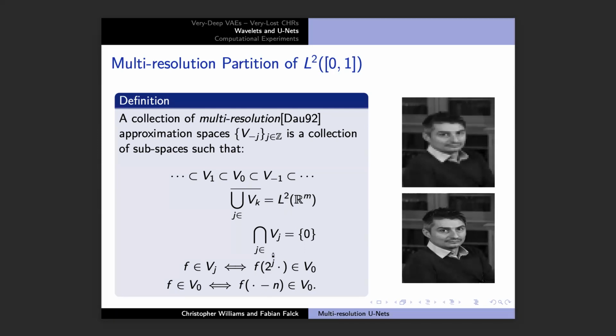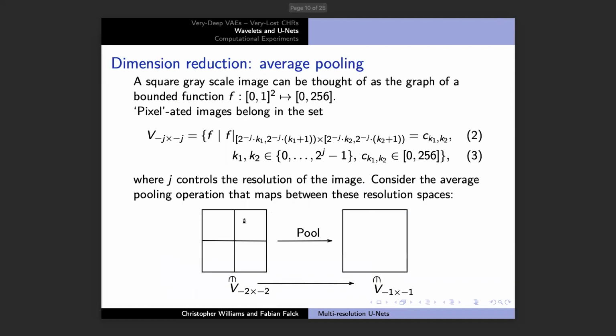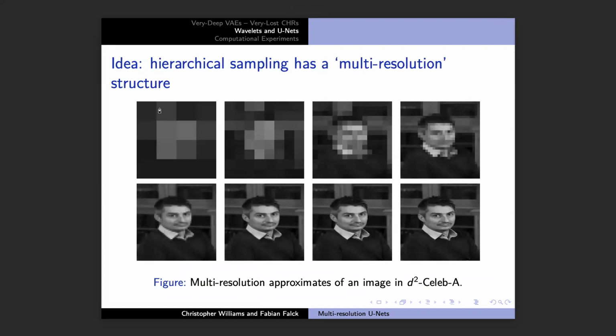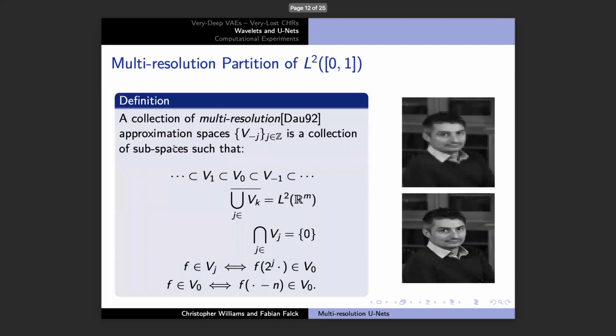And you get this sort of scale invariance of the basis for these spaces. Multiplication by a dyadic number will land you into another V minus J, and translation will also land you in one by a dyadic amount. So take this part of the image, move it around, you'll also still be in this approximation space.